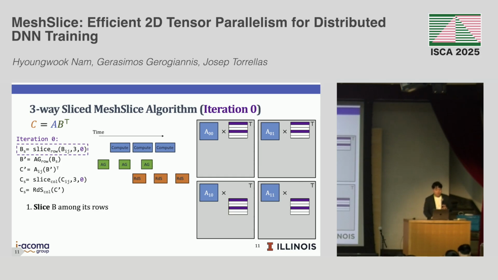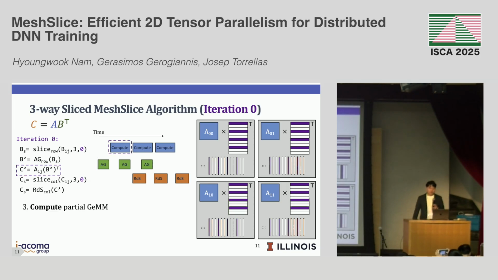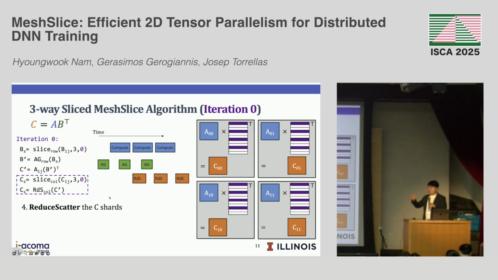And these purple subshards are all-gathered vertically, just like before. And just like before, we apply A B-transpose, which becomes these column subshards of the partial outputs, colored in purple. Those are the same third column of this partial output. And then this partial output is reduce-scattered, forming a subshard of C, and accumulated to the subshard memory space of C in the local accelerator.